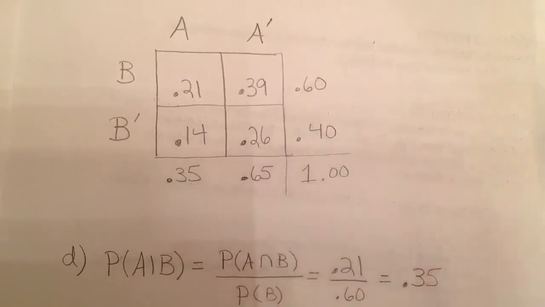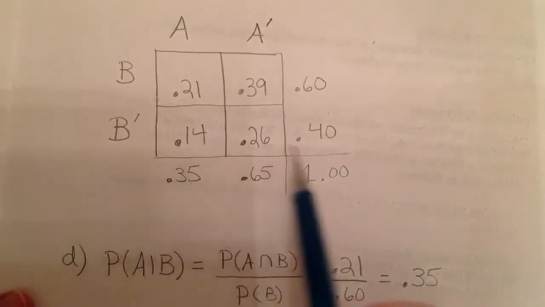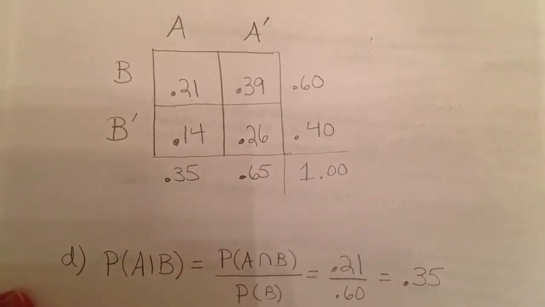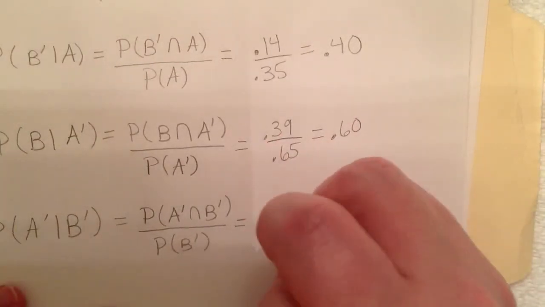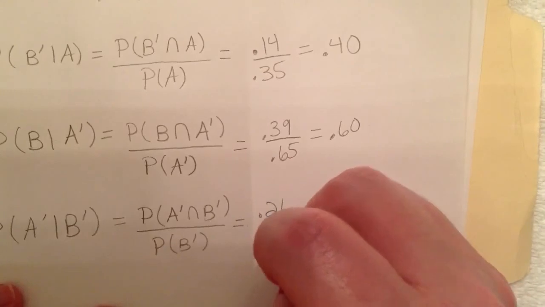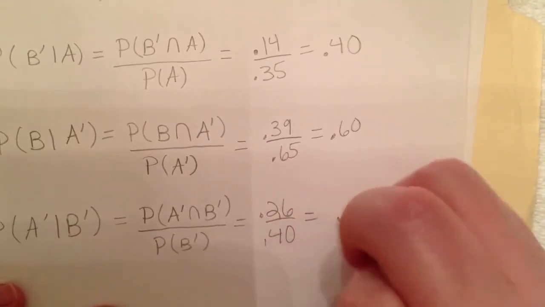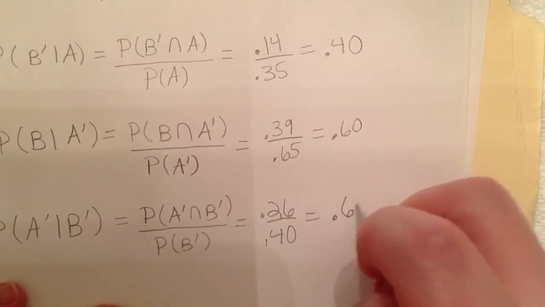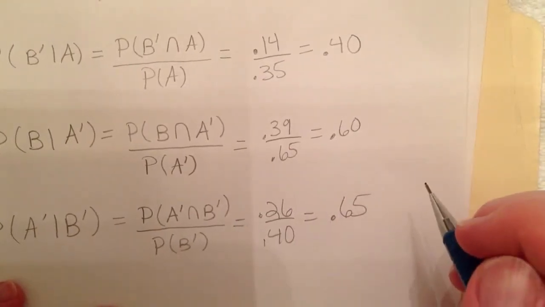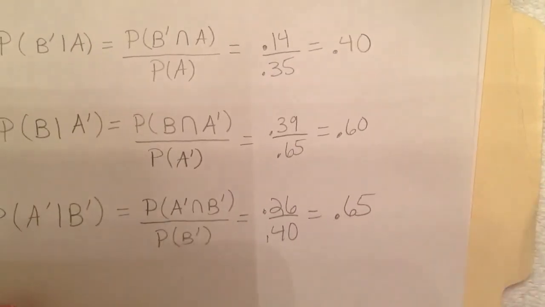A prime and B prime intersect at 0.26. Probability that B does not happen is 0.40. So you have 0.26 out of 0.40, 26 divided by 40. So this conditional probability winds up at 65%.